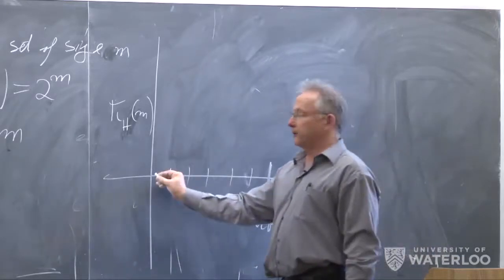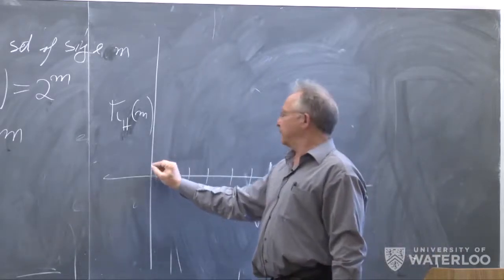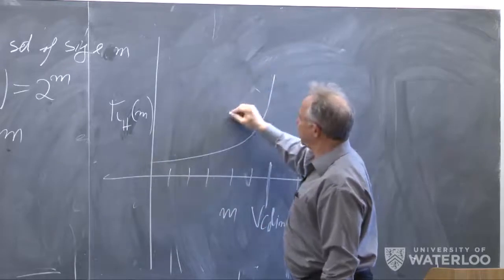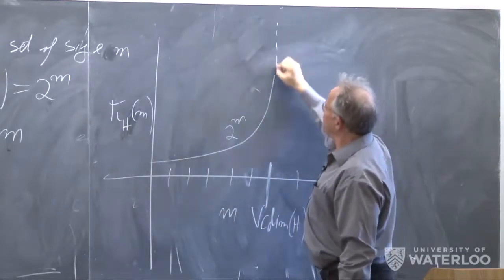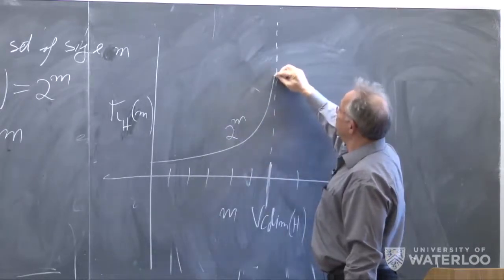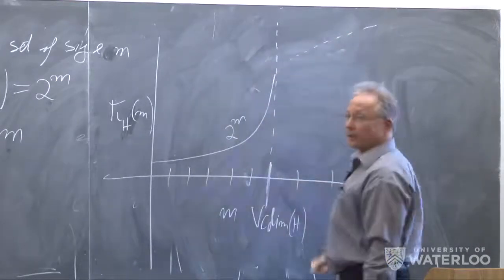I know that it goes like this. This is the function 2 to the m. Then I get to the VC dimension. And here it goes a little bit slower.